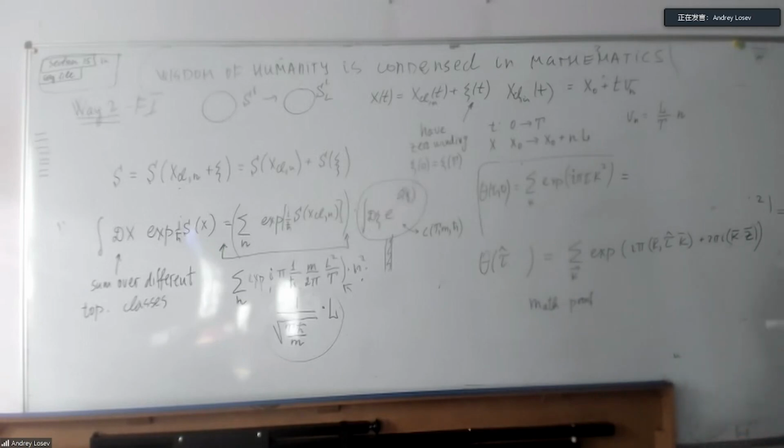In a very similar way, you replace this together with the sum by the integral over dp of exponential i pi p tau p plus 2 pi i.